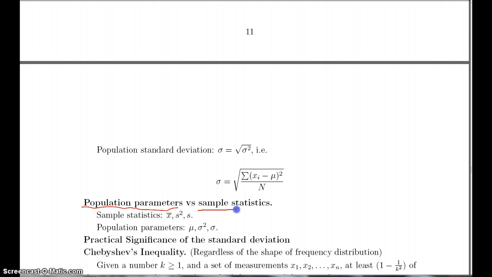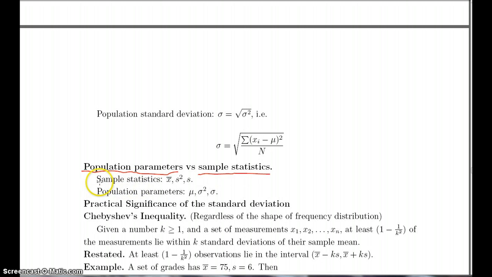If a sample is random and represents the population, we only calculate measures from the sample. We call them statistics, the plural of the word statistic; each one of them is a statistic without the s. So based on what we've done here, our sample statistics are x bar, s squared, and s. Our population parameters are mu, sigma squared, and sigma.